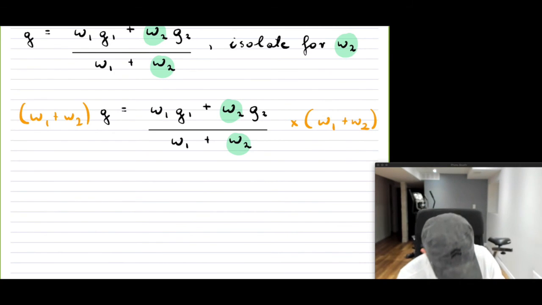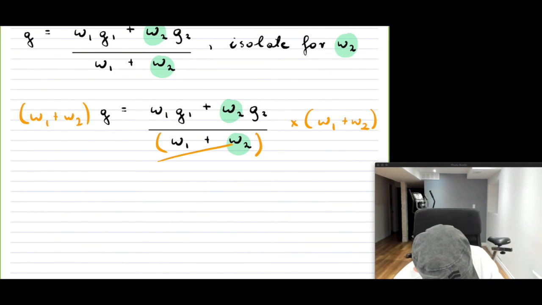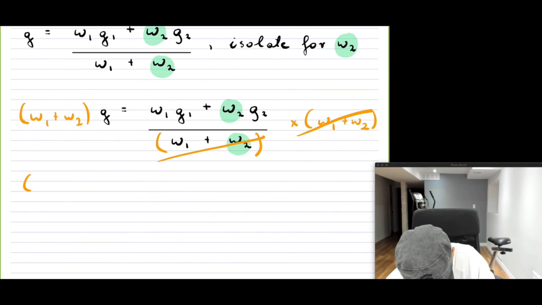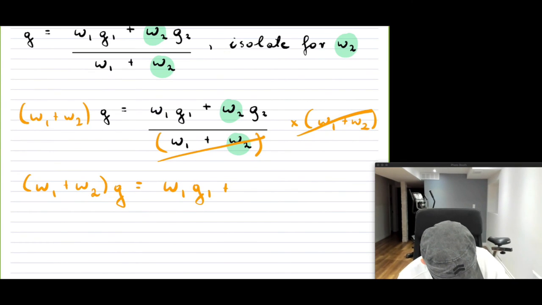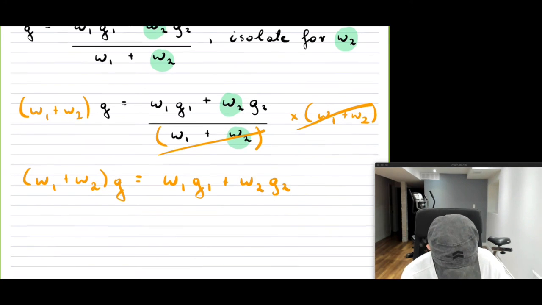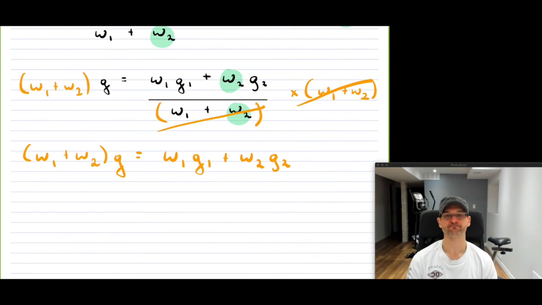So this will be gone, and now I have W1 plus W2 multiplied by G is equal to W1 G1 plus W2 G2.